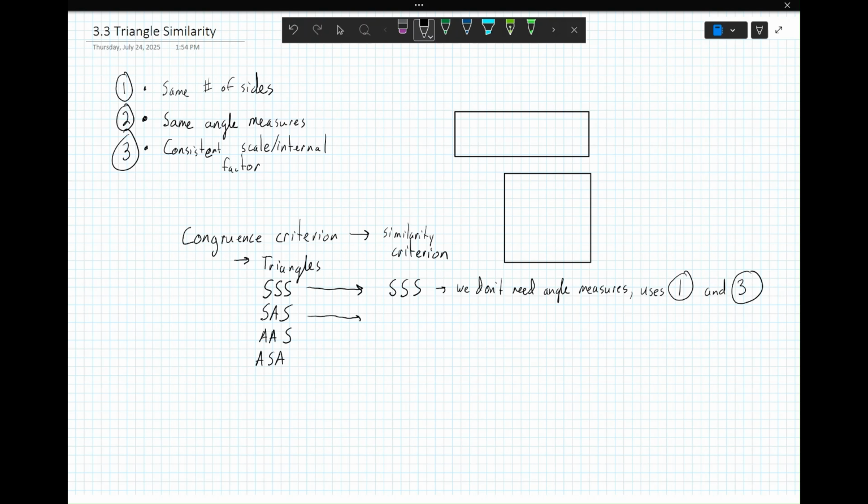There is similarly a side, angle, side similarity criterion. This is where they have one angle the same and the sides it's between are proportional between triangles.